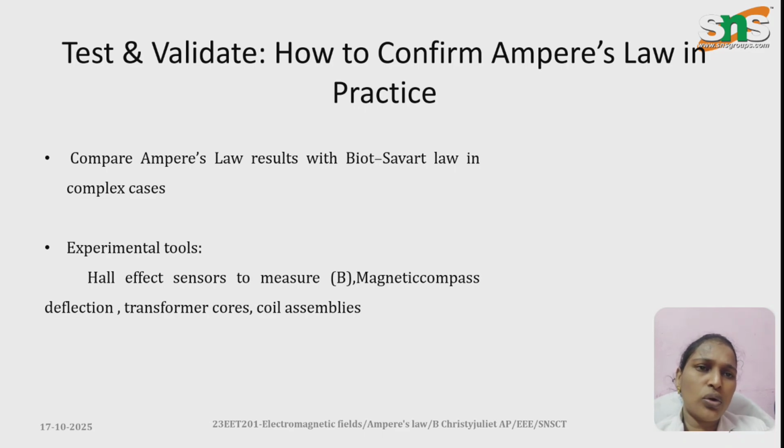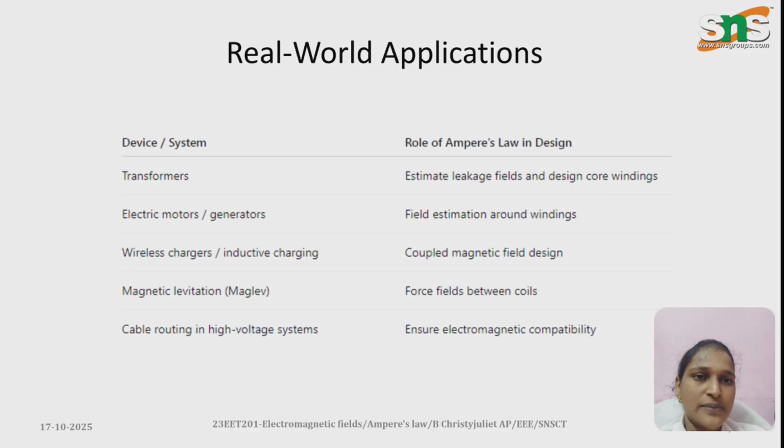We can validate this using an experimental setup in which we use Hall effect sensors to measure the magnetic flux density, a magnetic compass for deflections, and transformer core and coil assemblies.